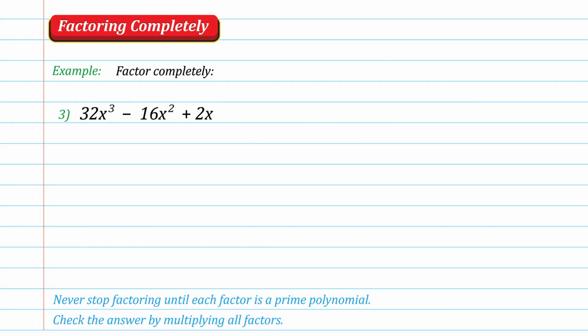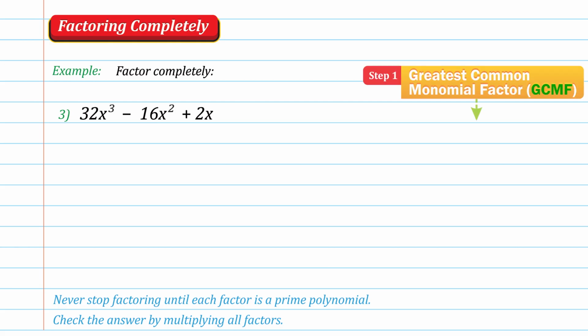Now let's look at the third example. What if we're asked to factor completely 32x³ minus 16x² plus 2x? According to our visual guide, the first thing we should do is look for the GCMF, the greatest common monomial factor, kung meron.